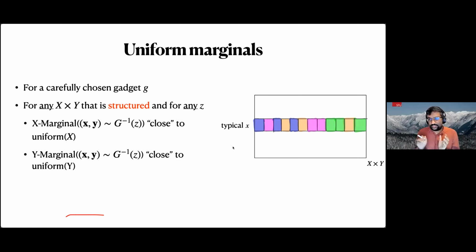So basically, we are saying that for this gadget, for any rectangle which is structured, if you look at a typical x and color the value of (x, y), so these are all y's, and you color a particular (x, y) by the gadget output of g on (x, y). Here I'm assuming there are 4 different gadget outputs possible.